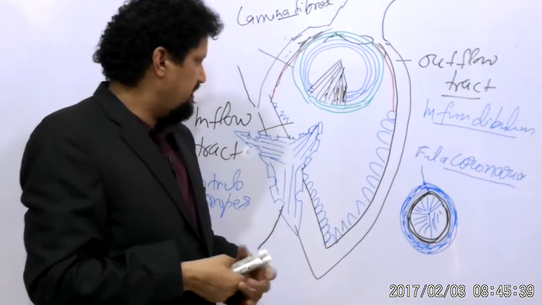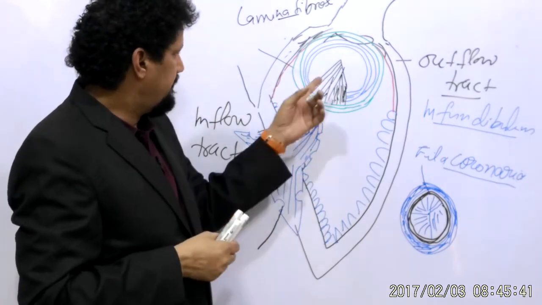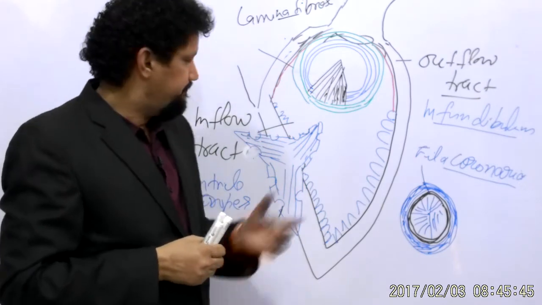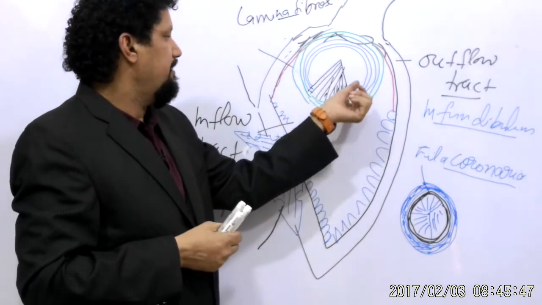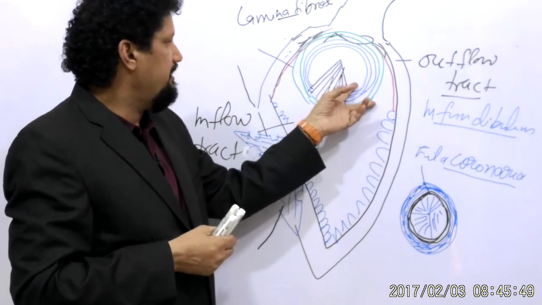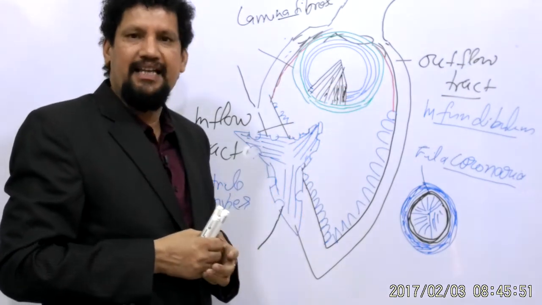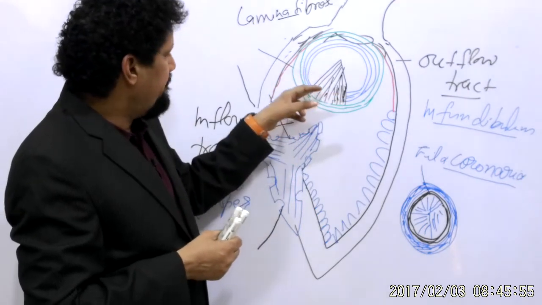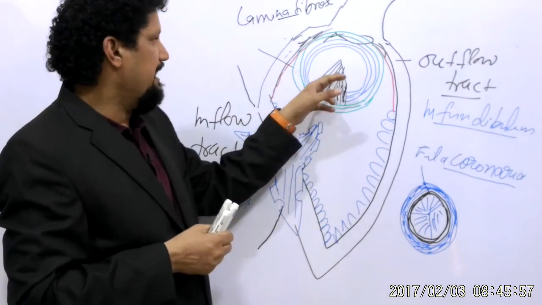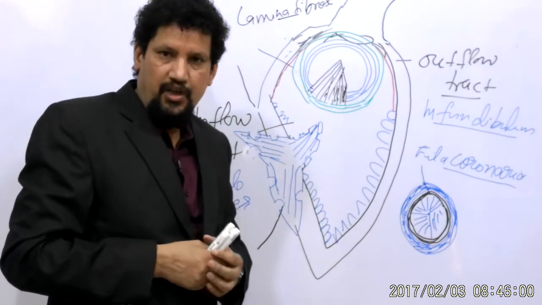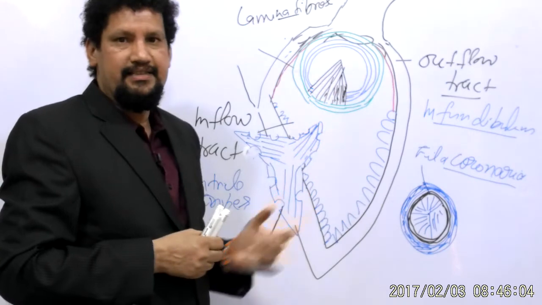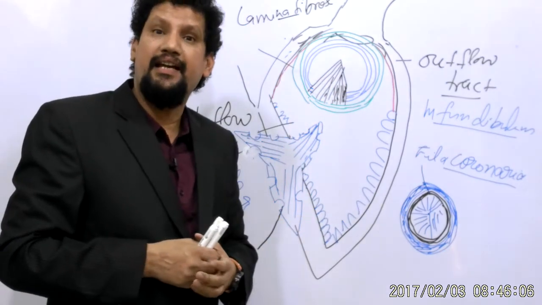So the fibers of the cusp, or lamina fibrosa, are held by the two layers of the annulus tricuspid. This is the base, this is the middle part, and this is the apex of the cusp. So the bases of all three cusps are in continuation with each other, forming a curtain like structure.